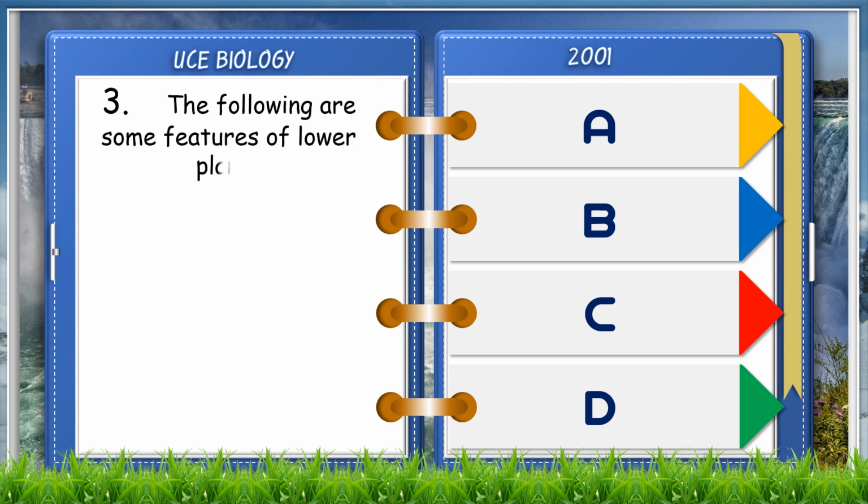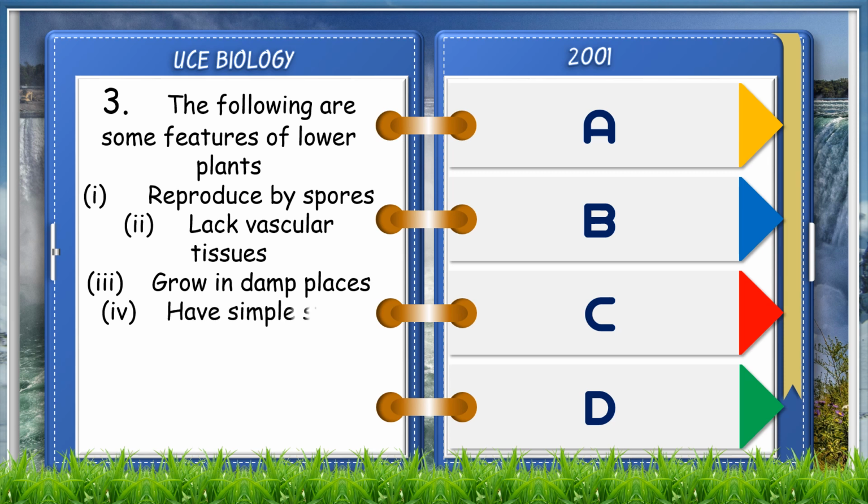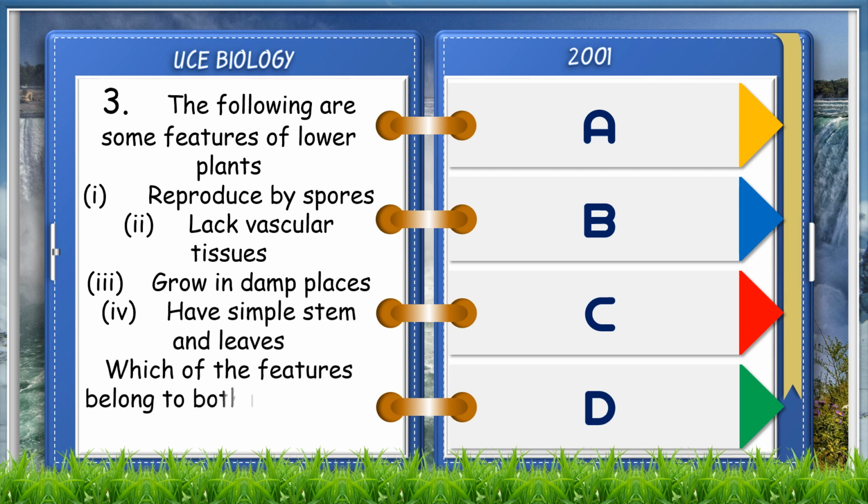The following are some features of lower plants. 1. Reproduce by spore. 2. Lack of vascular tissue. 3. Grow in damp places. 4. Have simple stems and leaves.